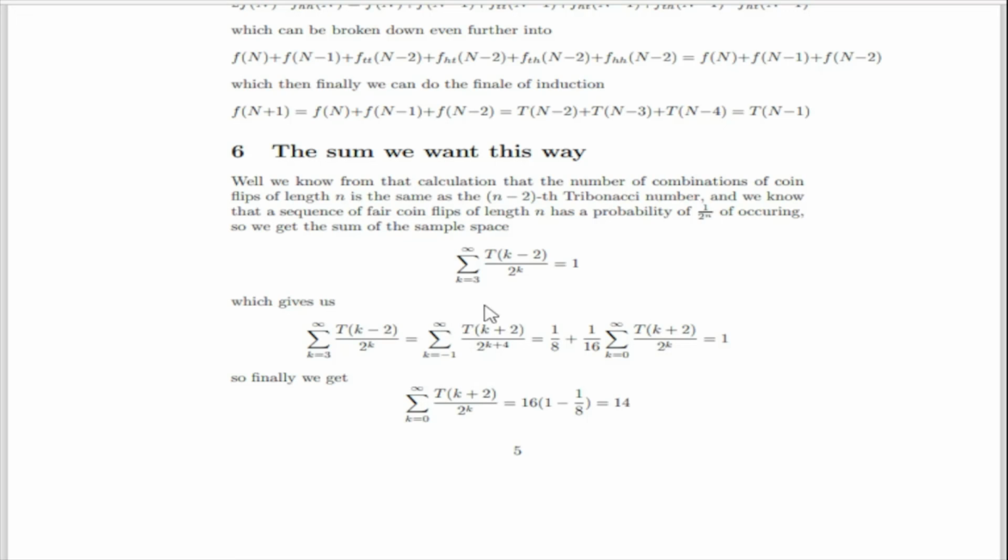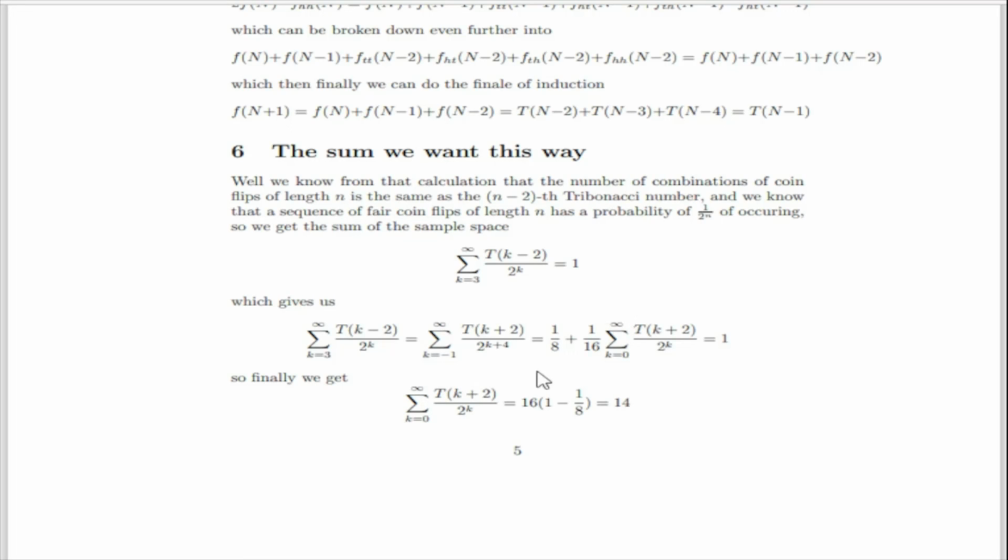equals this based on changing the bounds of the summation to get a t of k plus 2 in the numerator, which then we can end up getting rid of the term for k minus 1 and adding it separately, which is what we get here, and then multiplying by 1 over 2 to the 4th, which is 1/16.